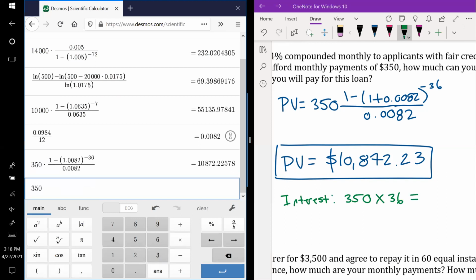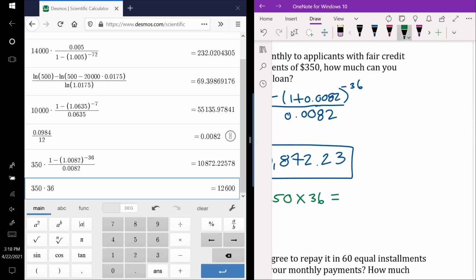So 350 times 36. So we are going to actually pay $12,600 for borrowing almost $11,000. And yes, that's how interest works. You'll never pay back the original amount unless you pay it off faster. Or you just pay it off all at once.